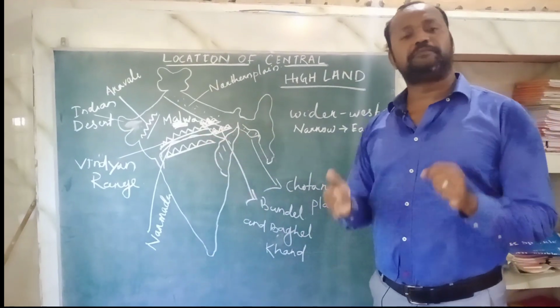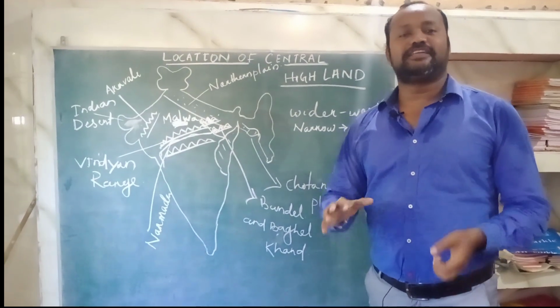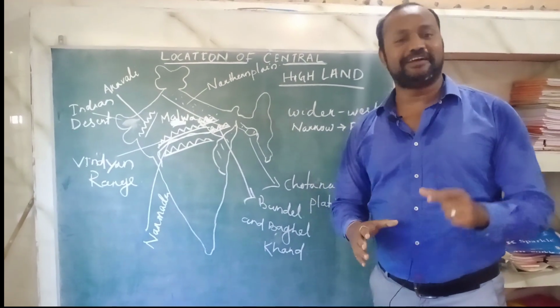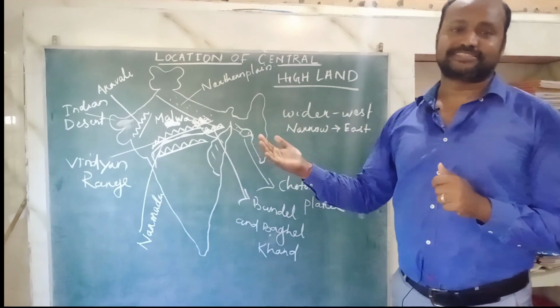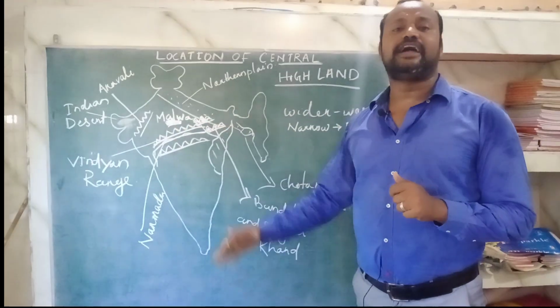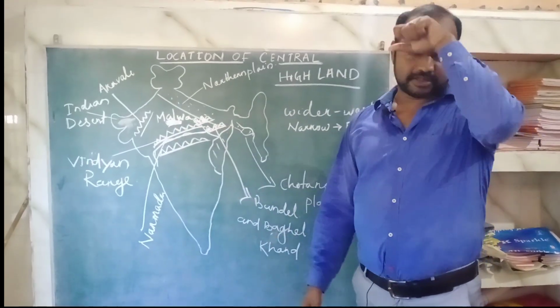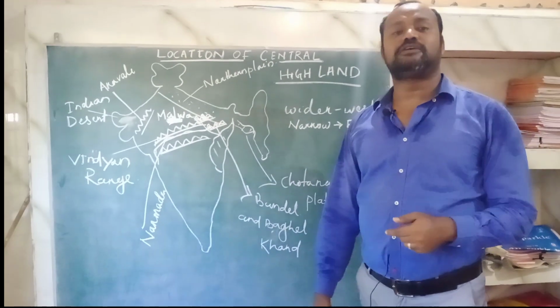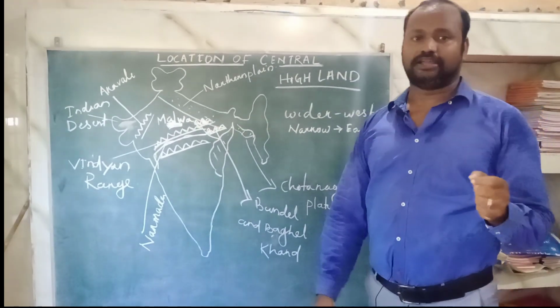So Narmada river plays a very important role in the classification of Peninsula Plateau. The north is the Central Highland and the south of Narmada is the Deccan Plateau.